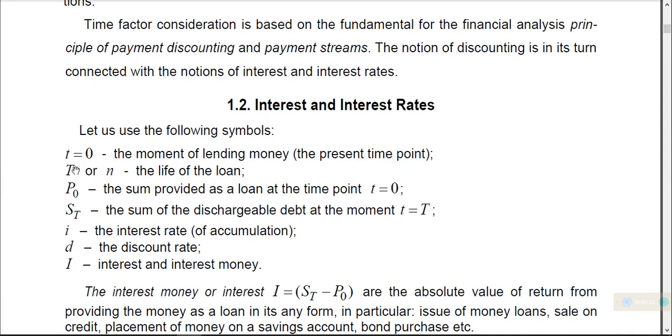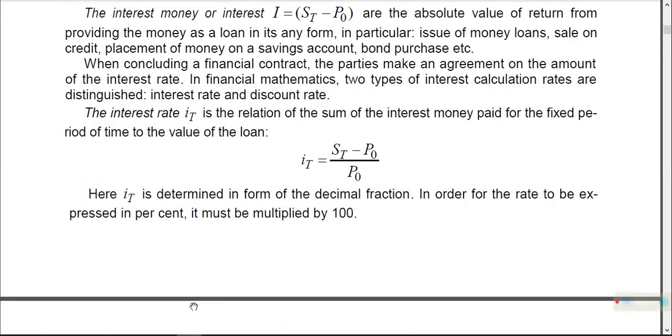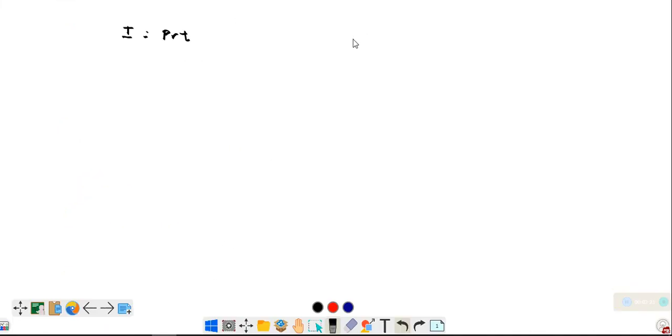So, letter capital T, the life of the loan or the life of the investment, or N. Dito, ang ginamit natin sa book na to ay I is equal to P times I times N. Di ba? And for the sum, it is simply P plus the acquired interest I.